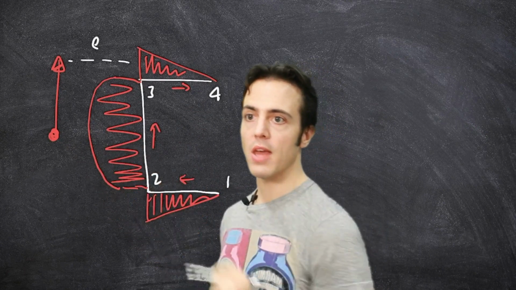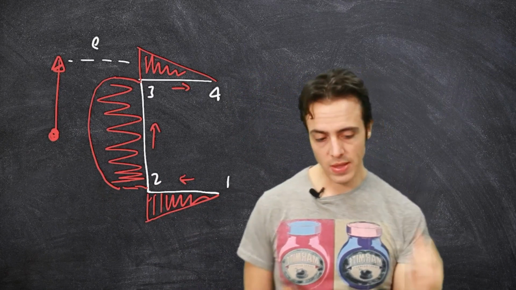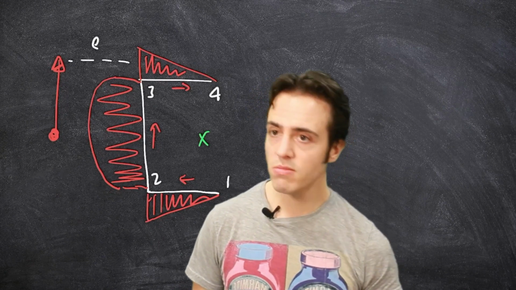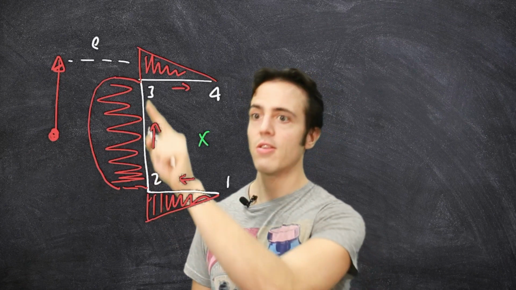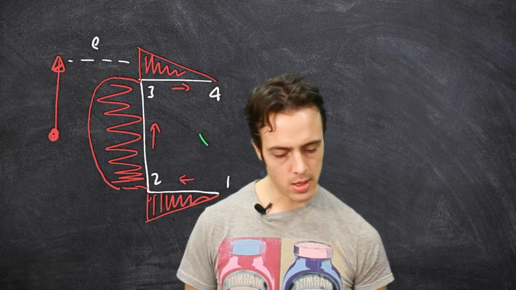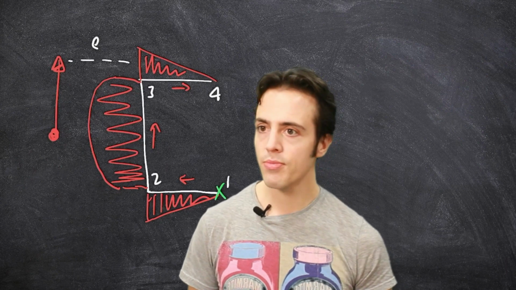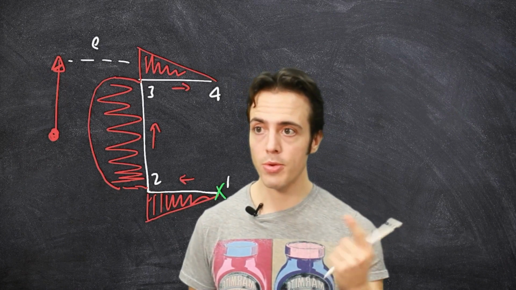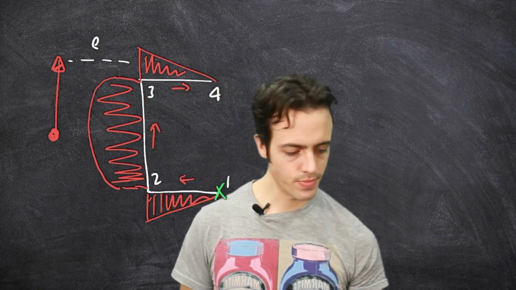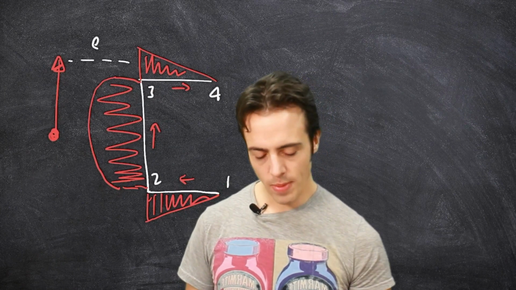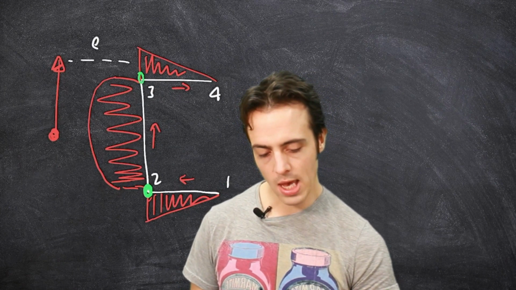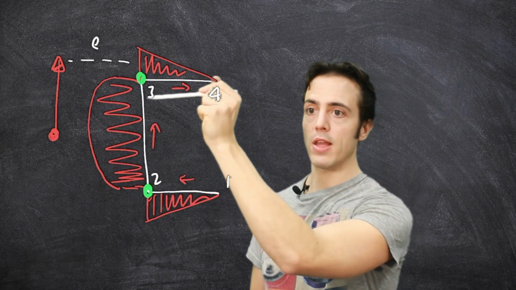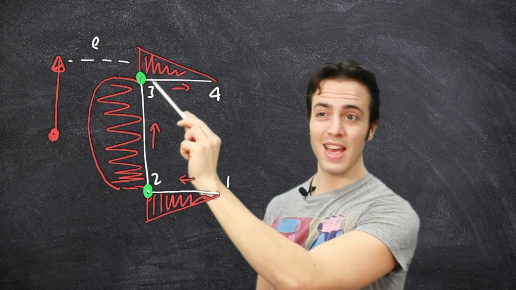Now I can pick anywhere to evaluate these moments. I could evaluate my moments here, for example. This could produce a moment, this could produce a moment, and this could produce a moment. I could evaluate my moment here. Now this force, because it's a long member 1, 2, could no longer produce a moment. This one could, and this one could. The sensible place to choose is either here or here, because if I choose to evaluate moments here, this shear flow and the corresponding force cannot produce a moment here, so I don't need to care about it.